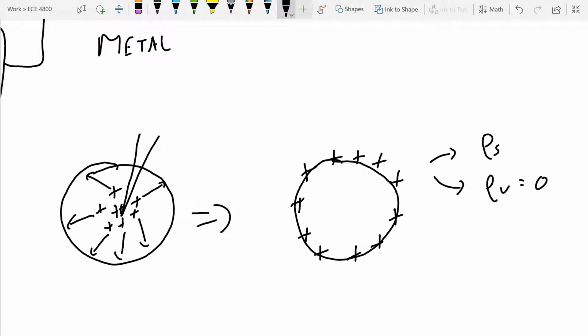All the charges are on the surface. So, first thing, you have a surface charge density. Second thing, you have rho v equals 0. And then the third thing, and this is very important, is that E equals 0 in the material.